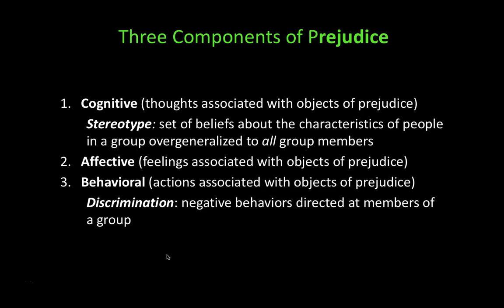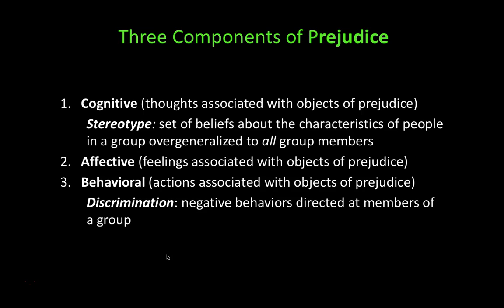So a good way to think about prejudice is to divide it into three components. There's the cognitive component, the thoughts associated with the objects of prejudice. For example, a stereotype is part of that cognitive component. A stereotype is a set of beliefs about the characteristics of people who belong to an identifiable group that's overgeneralized to apply to all group members.